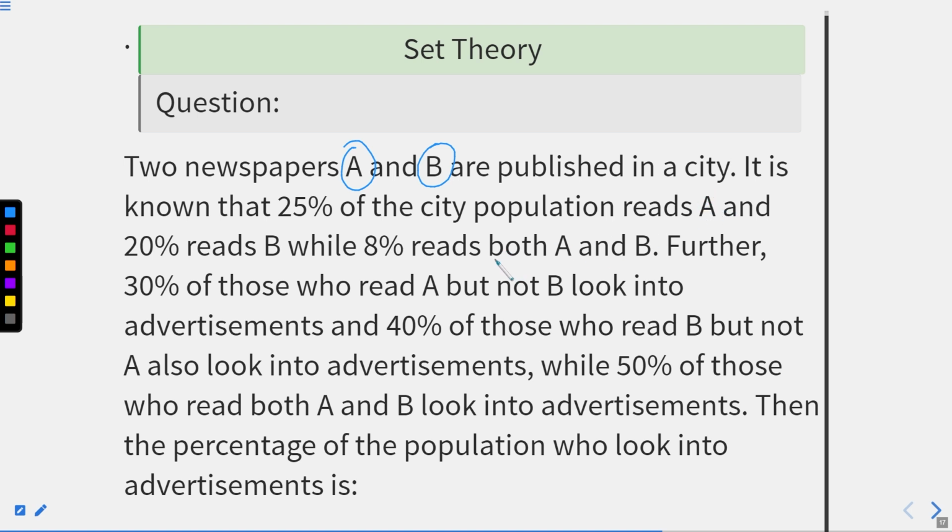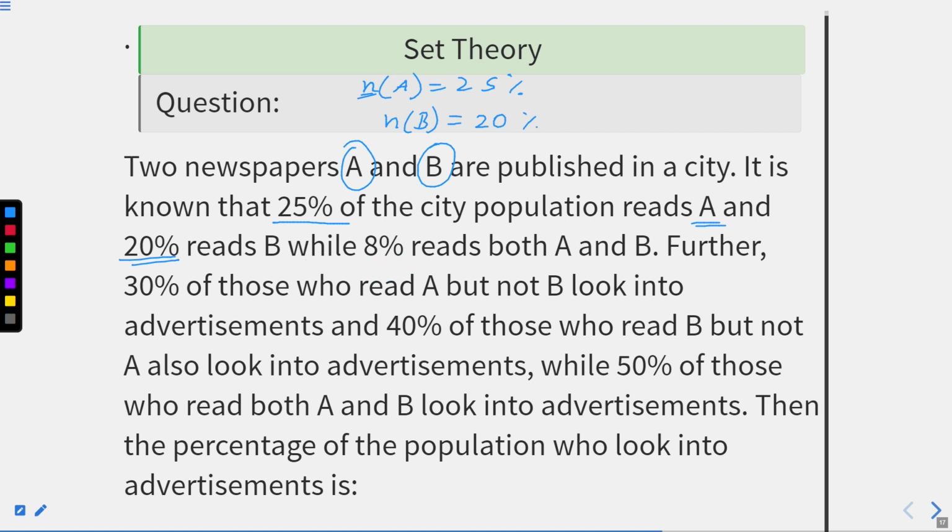It is known that 25% of the city population reads A. This means the percentage of the population that reads newspaper A is 25%. Now, the population that reads newspaper B is 20%.